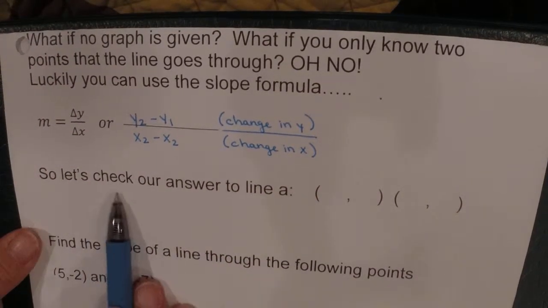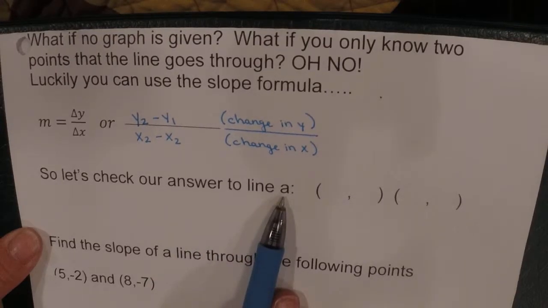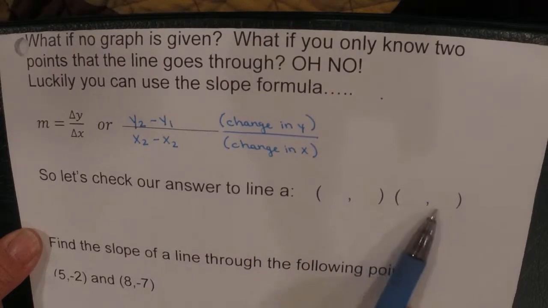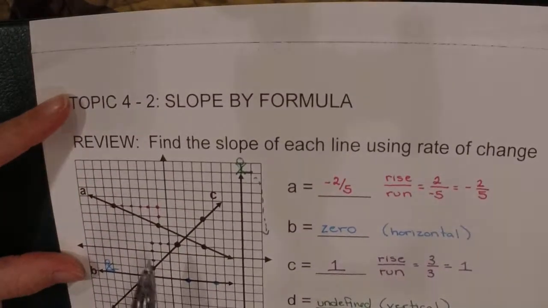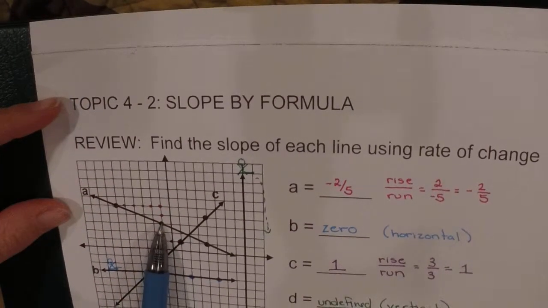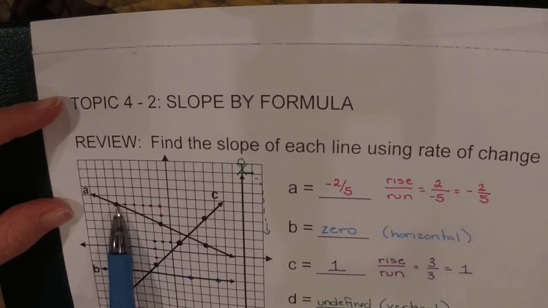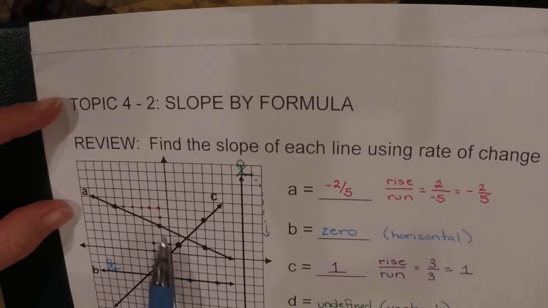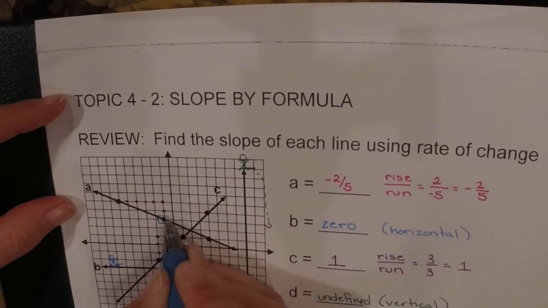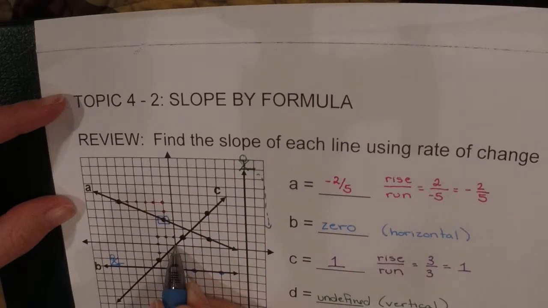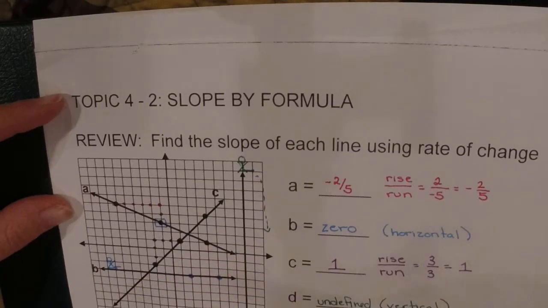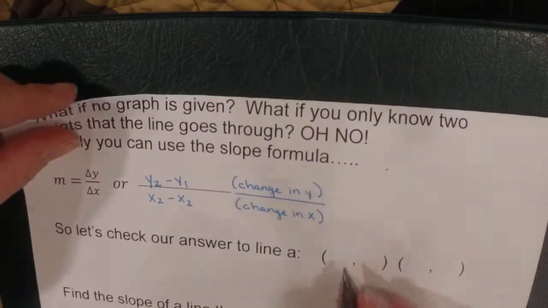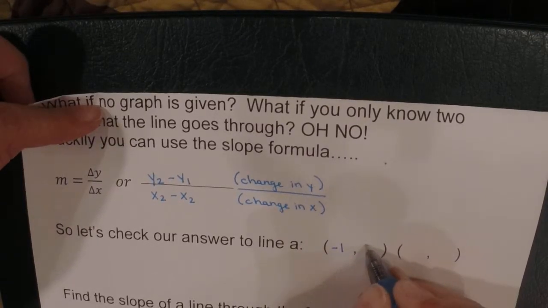So it says, let's check our answer to line A. So let's pick 2 points off of line A and write them down. The 2 points that we used were this one and this one. So let's write the ordered pair. This point right here is -1, up 1, 2, 3. So this is -1, 3.